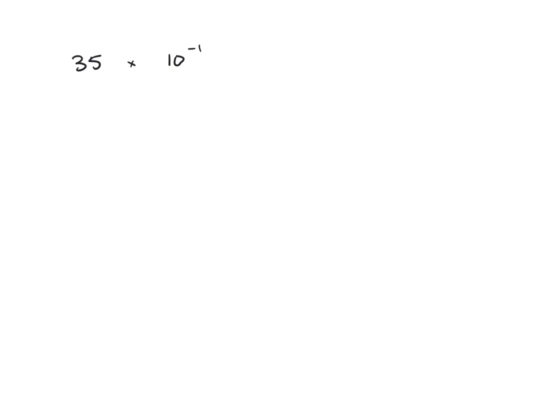So 10 to the exponent negative 1 means the reciprocal of 10, which is 1/10. Okay, so that's from lesson 4. You should recognize that as 1/10. So now it's 35 times 1/10, which you should recognize as 35 divided by 10. Or, let me write it a different way, as a fraction: 35 over 10, which is 35 divided by 10.